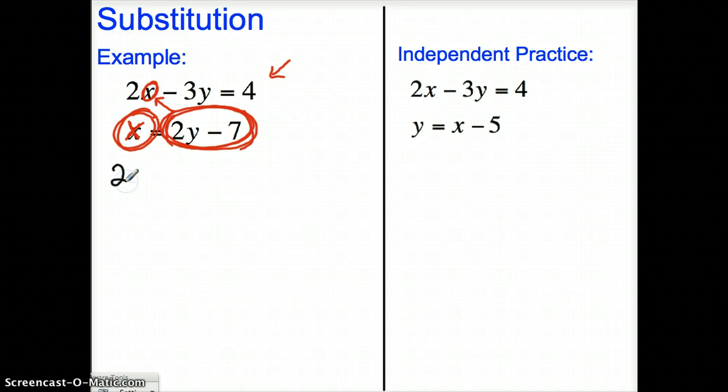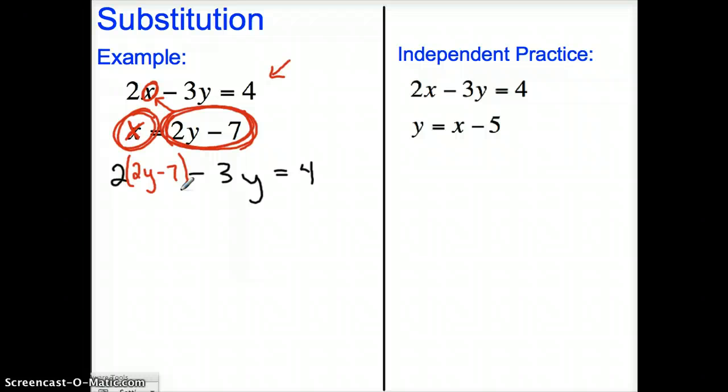The 2, the minus 3y equals 4 is all going to stay in that equation. But what I'm going to do is I'm going to substitute in for x 2y minus 7. Because it's equal to x according to the second rule. This way I've merged the two equations and I've incorporated both of their rules in one rule using substitution and replacing something that it's equal with.